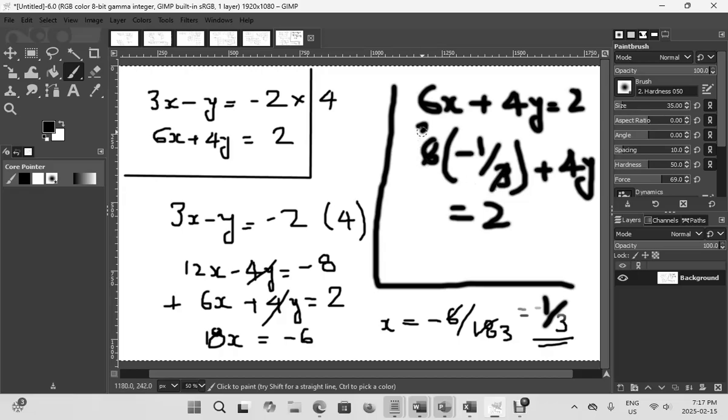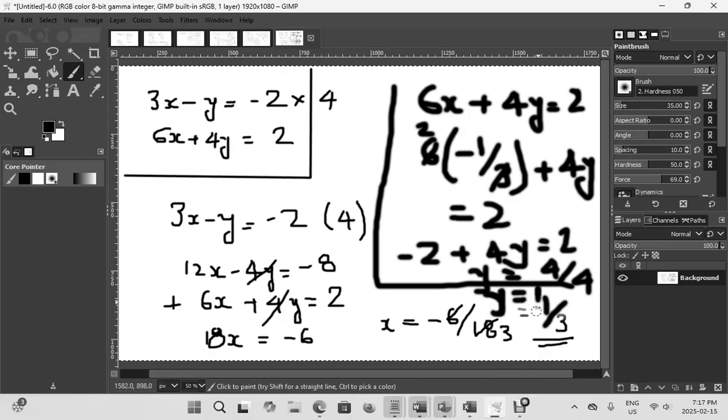We know that this is negative 2 plus 4y equals 2, which basically means that y is 1. So this is basically how you solve for y.